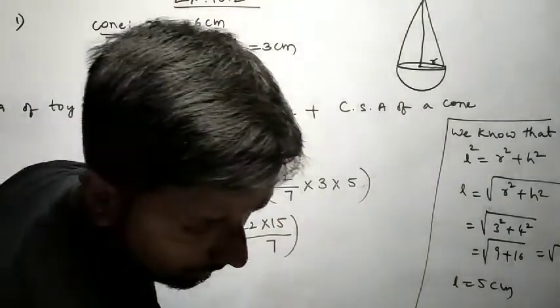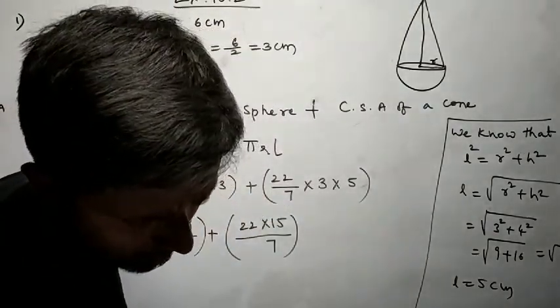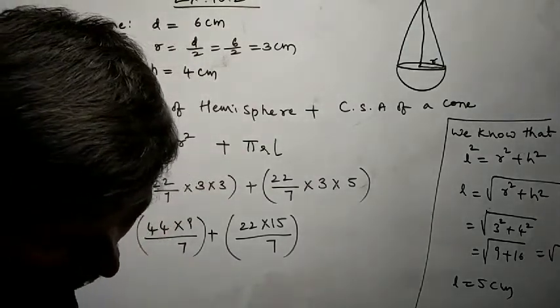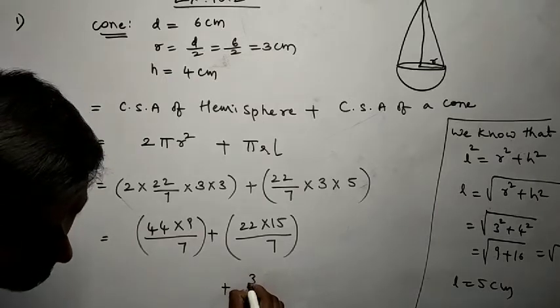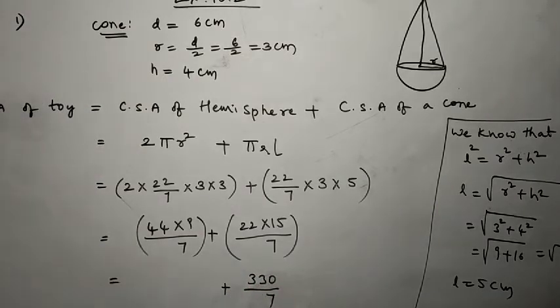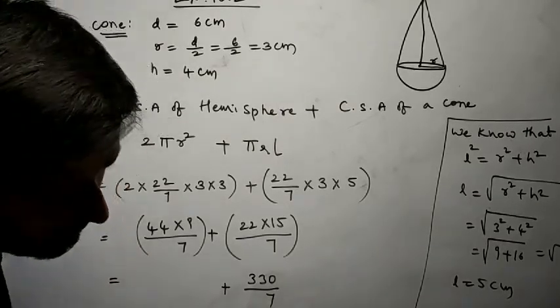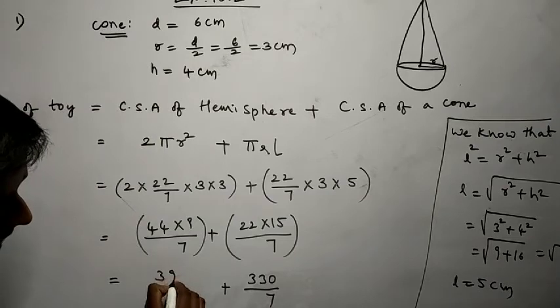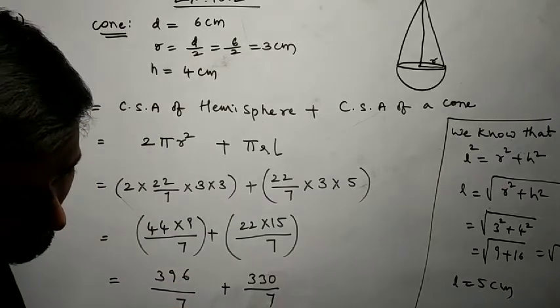Later, the pi r l value we write as 330 by 7, and the 2 pi r square answer we can write as 396 by 7. And both are fractions.